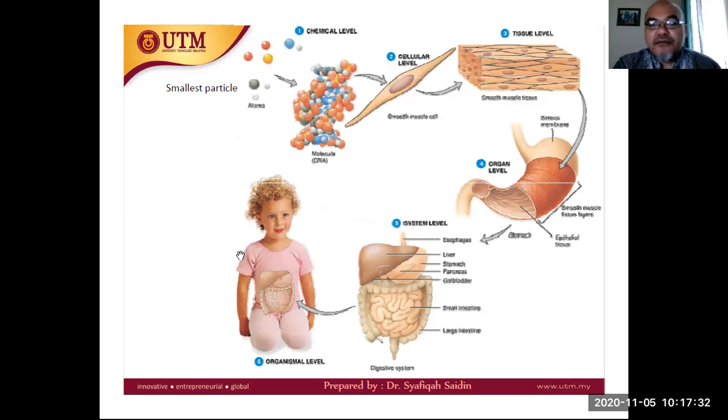Usually it is in the form of organismal level or at the system level, measuring, for example, the movement, the relative movement or motion of the hand or the leg, the limbs, when the person is walking or sitting and standing. So this is at organism level, the biomechanical signal.